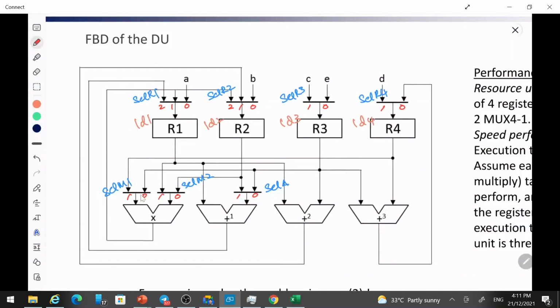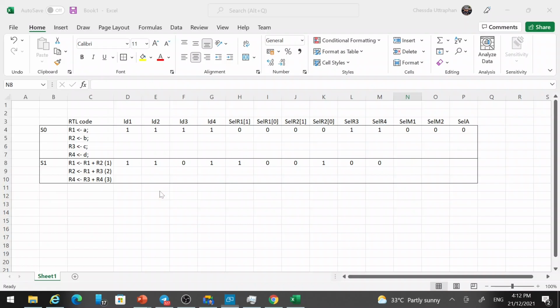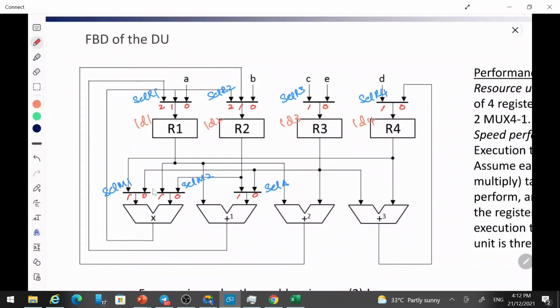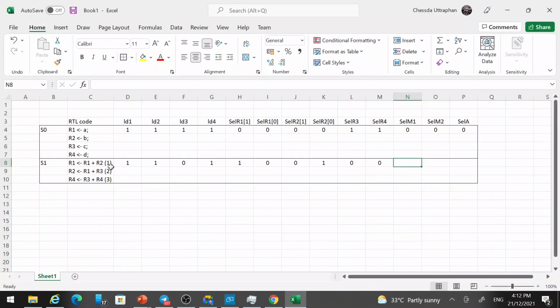SEL M1. M1, whether we want to use which one, 1 or 0, depends on what we do. In this case, this one is R1 plus R2. R1, we need to look at this. And this is R1 plus R2, right?